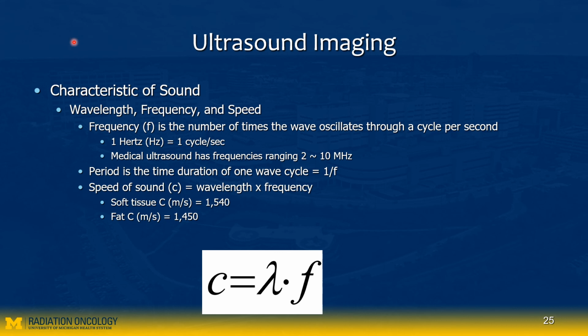And what is frequency? Frequency is the number of times the wave oscillates, how many times it goes up and down through a full cycle per second. One hertz is by definition one cycle per second.